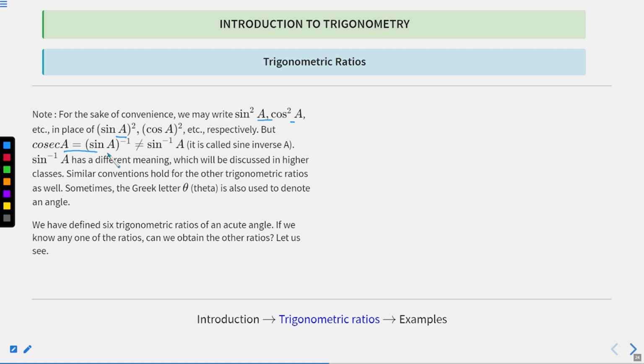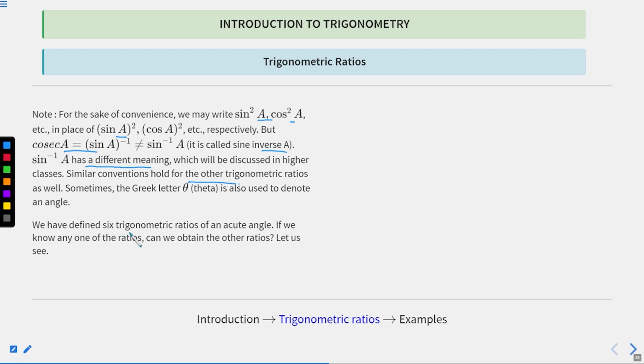Cosec A is actually the reciprocal of sine A, but it does not equal the inverse function of sine A. So it is called the sine inverse of A. Sine inverse A has a different meaning, which will be discussed in your higher classes. Similar conventions hold for the other trigonometric ratios as well. Sometimes the Greek letter theta is also used to denote an angle. So for denoting an angle, we generally use the Greek letter theta.